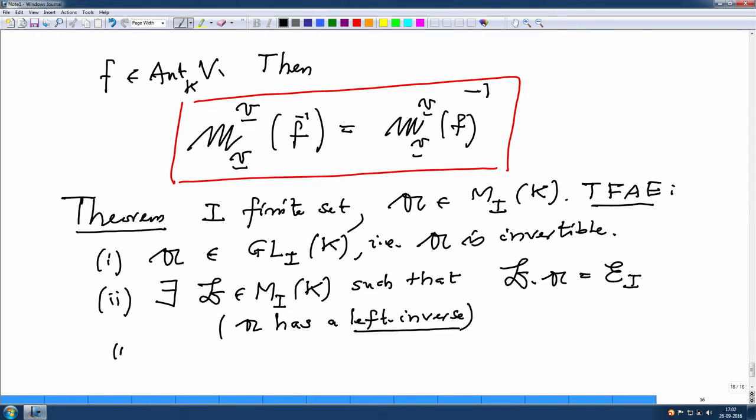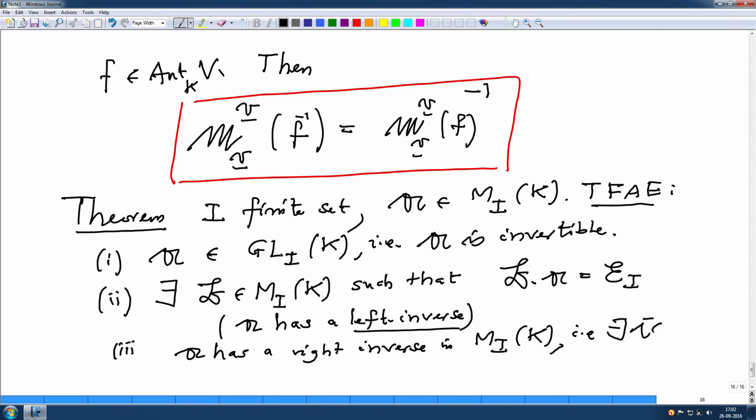Three, A has a right inverse in the algebra M_I(k). That is, there is a matrix C such that A times C is the identity matrix.